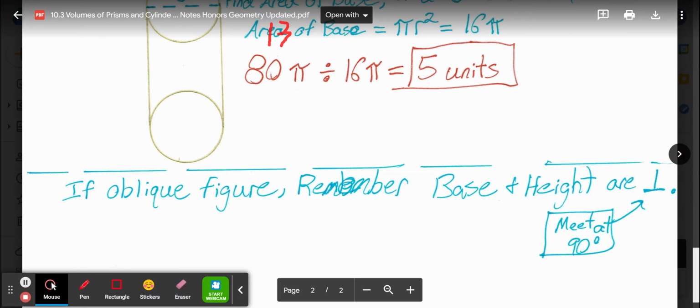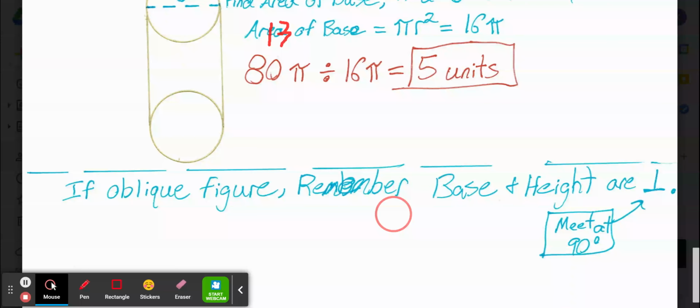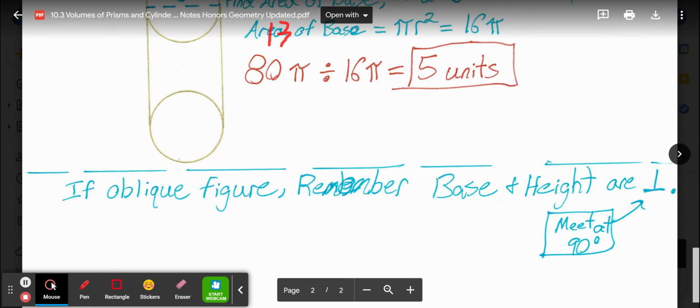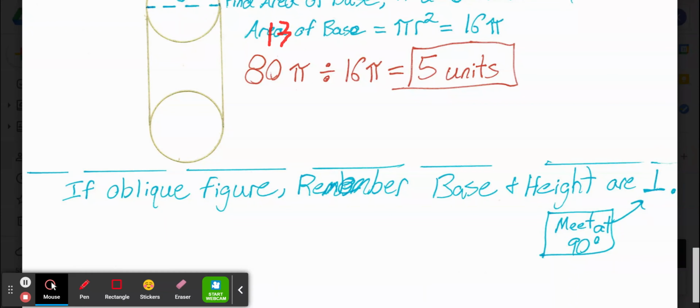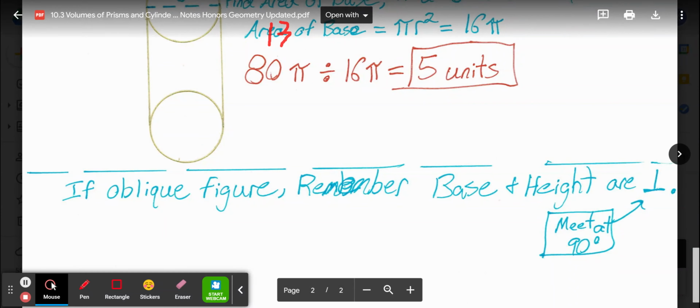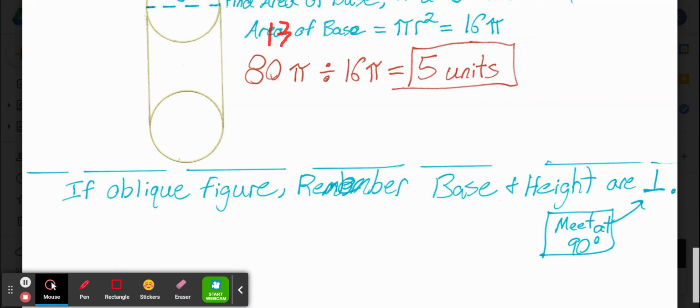If we had a slanted cylinder or a slanted prism, where it's known as an oblique figure, you would look for the perpendicular height to the base, which should be given to you in most diagrams. So just be careful of that if you're dealing with anything that is oblique or slanted. Still ends up having the same volume if it was right or oblique.